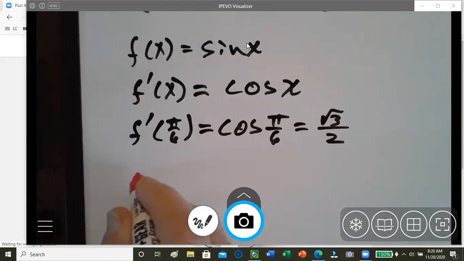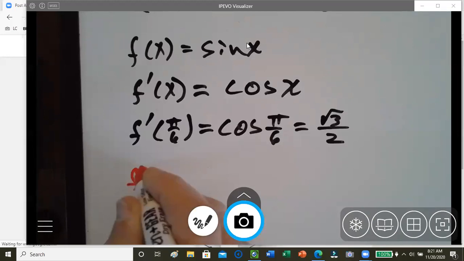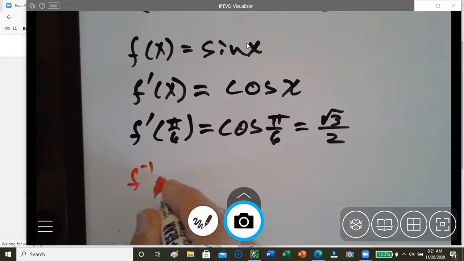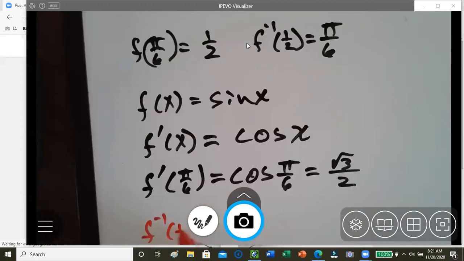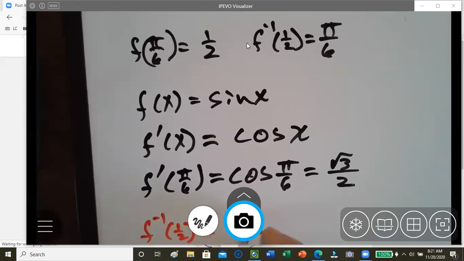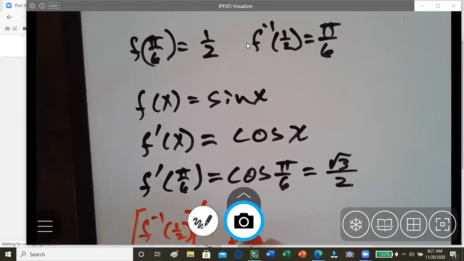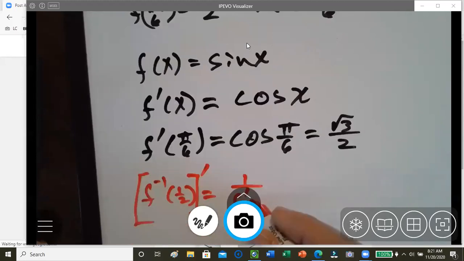We said that the derivative of the inverse at 1/2 is equal to 1 over the derivative, the reciprocal of f prime at pi over 6.